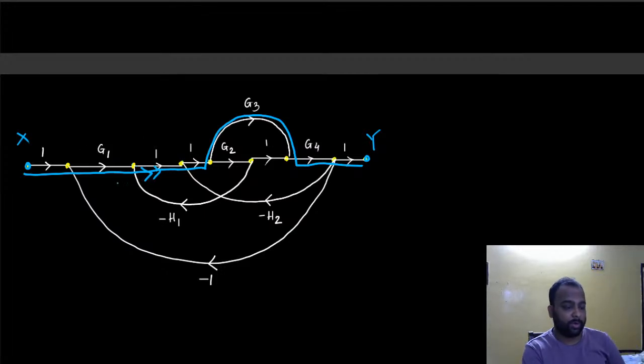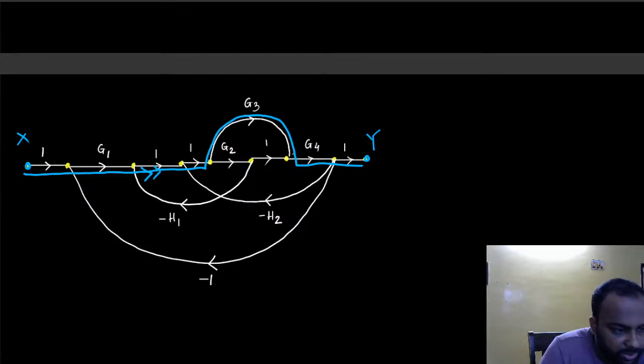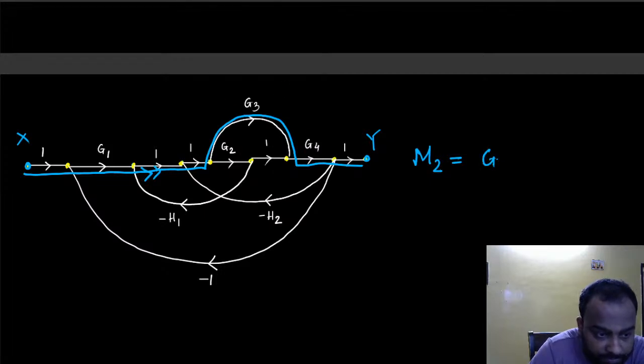So see, I'm not violating the direction of the arrows. So I'm going this way and jumping over this one and this one. This is not a feedback. This is again a parallel path that was there, right? So now M2 is another forward path which encounters G1, but not G2, but G1, G3, G4. So that's another forward path, right?